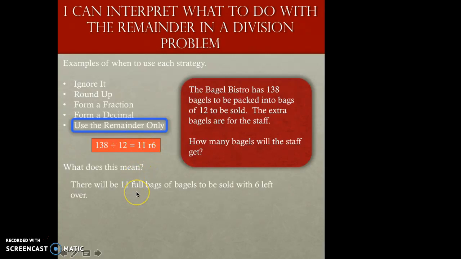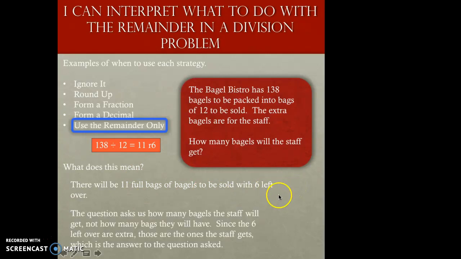Okay, so we've got 11 full bags of bagels, and we've got 6 left over. So the question asks us how many bagels the staff will get, not how many bags. So since the 6 left over are extra, those are the ones the staff gets, which is the answer to the question. So the staff will get the 6 that are left over.